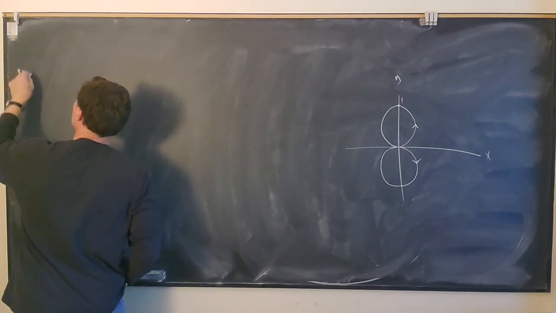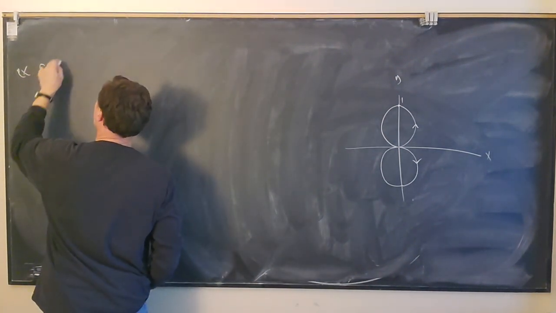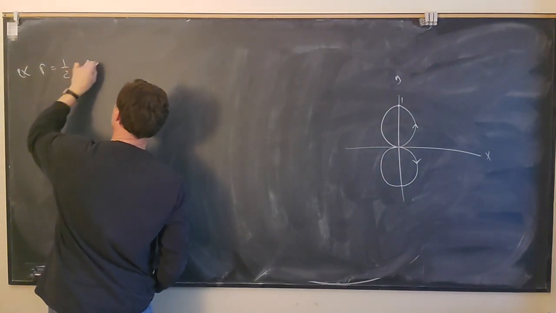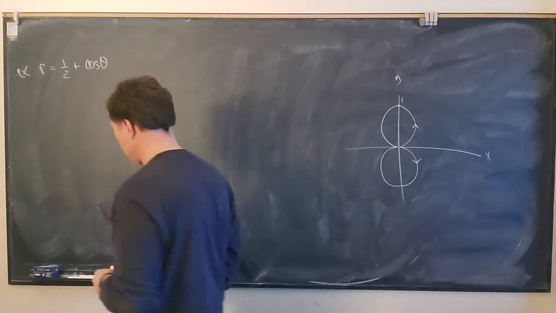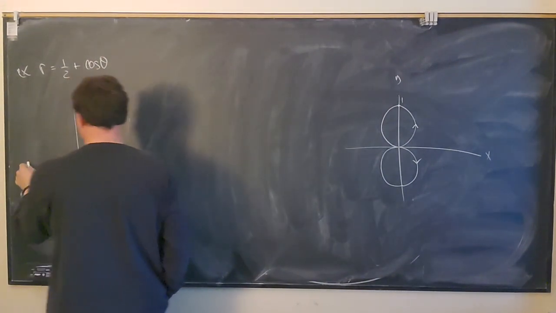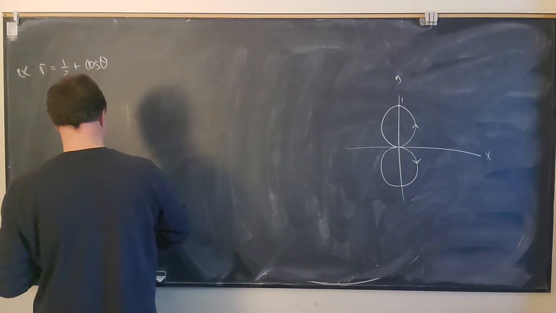The next one, r equals 1/2 plus cosine theta. So what is this going to be? It's going to be a cosine graph, but it's shifted up half a unit.